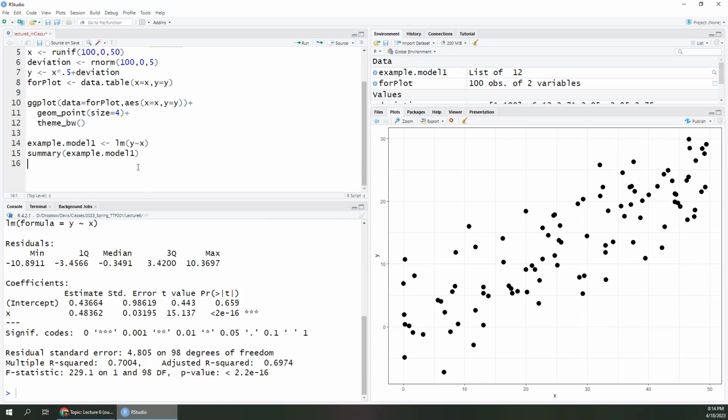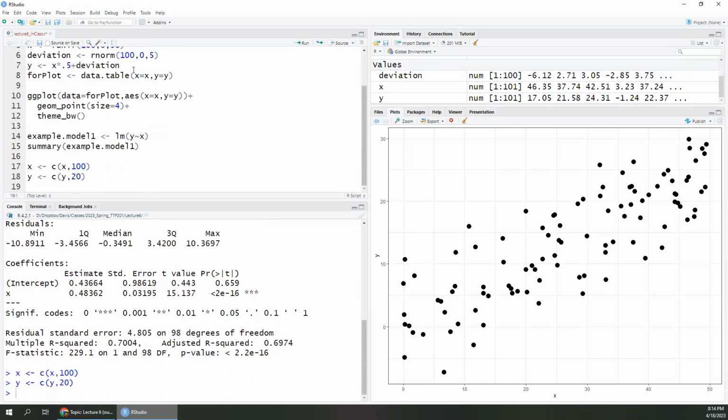Now let's see what happens if I add a single outlier. So here I'm going to concatenate an extra point onto my vector of x's, and I'm going to also artificially add a y.